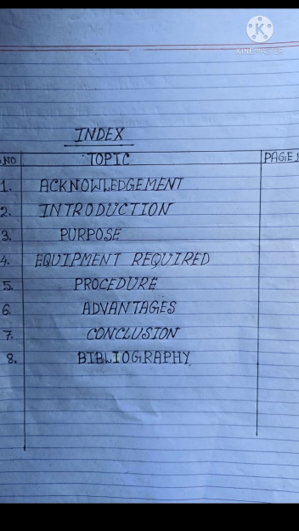Okay, and next, serial number 5 is procedure. Procedure is the order of the steps to be taken to make something happen. For example, the procedure in the 50-meter standing start: the test involves running a single maximum sprint over 50 meters with the time recorded.